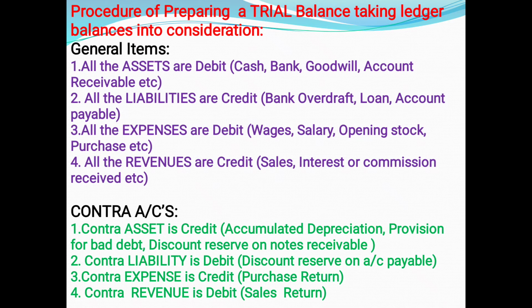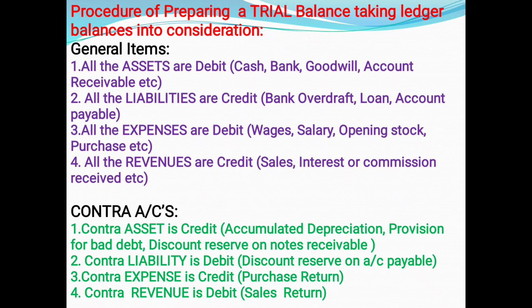Expenses are many types: direct expenses, indirect expenses, operating expenses, non-operating expenses, other expenses, accidental loss, etc. So number 3 is all types of expenses are debit at all times in trial balance.